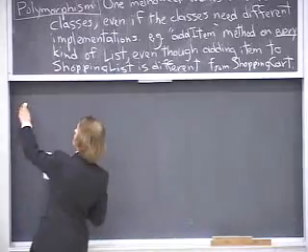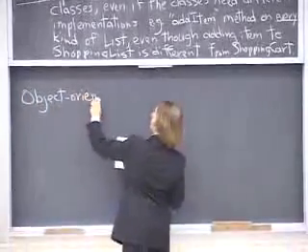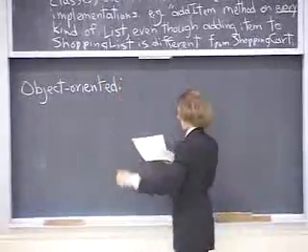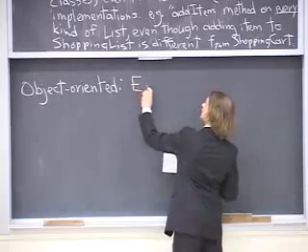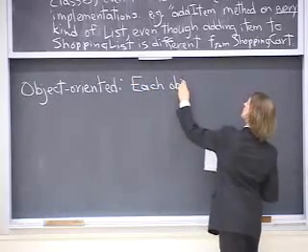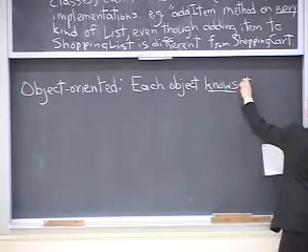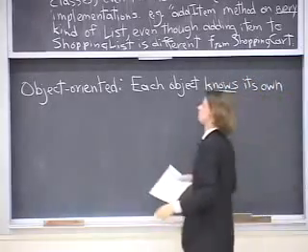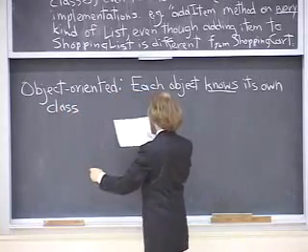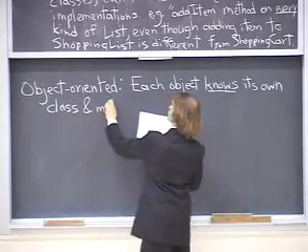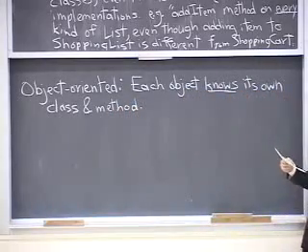And finally, what does object-oriented mean? Well, here's what's a little bit weird: in an object-oriented language, each object knows its own class, and knows which methods and which method implementations work on that particular class.